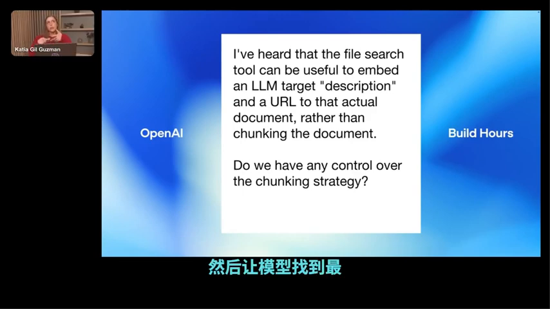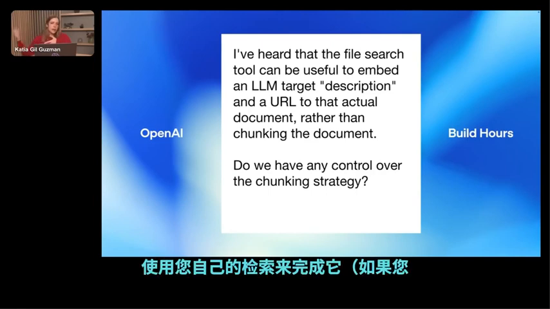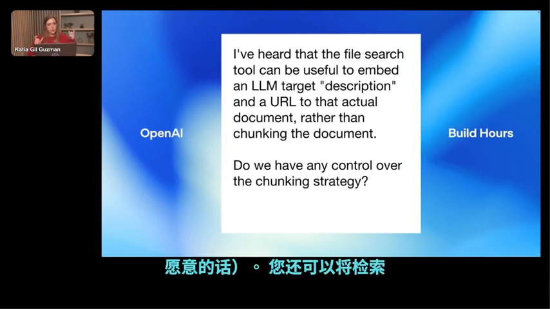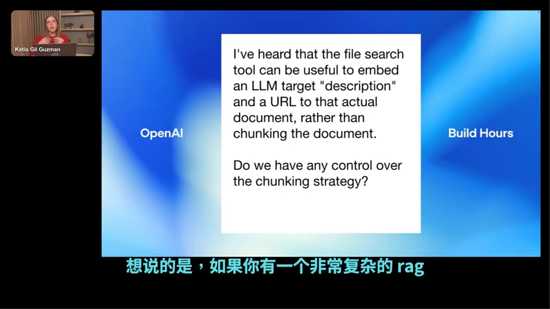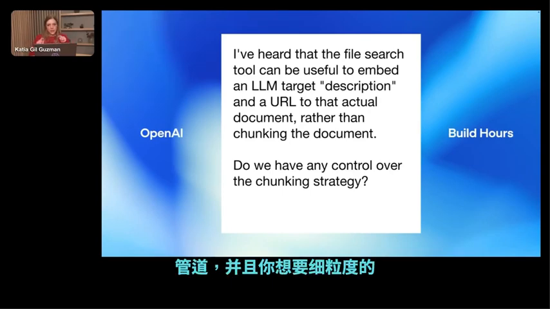You can also, if you want, just embed the description and then let the model find the most relevant documents and complete that with your own retrieval. You can also use the retrieval as a standalone API, so you can combine that however you want. If you have a very complex RAG pipeline and you want fine-grained control, maybe you want to build your own RAG pipeline at that point.